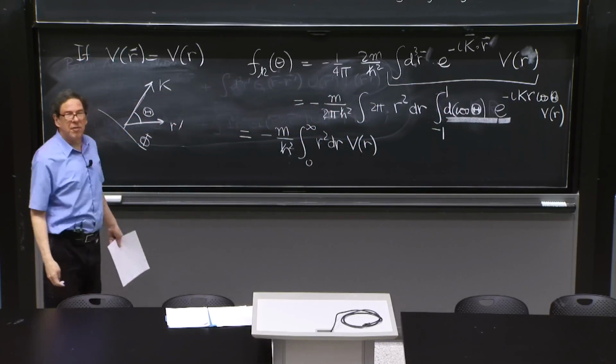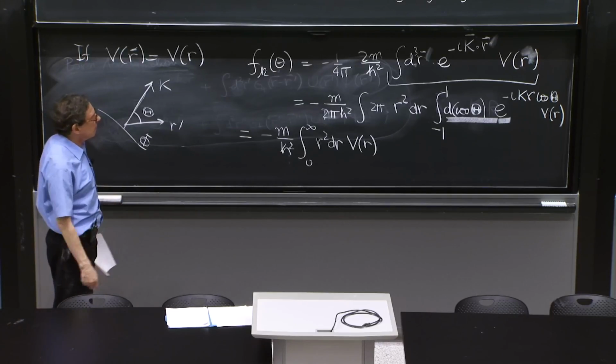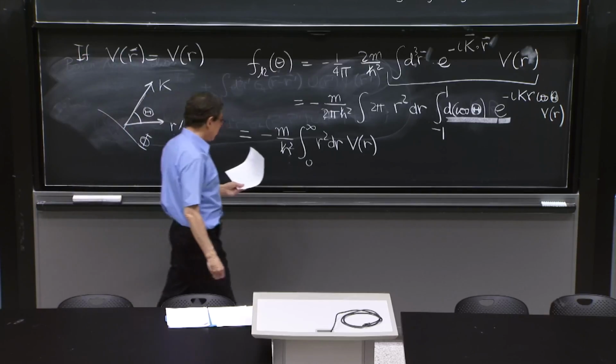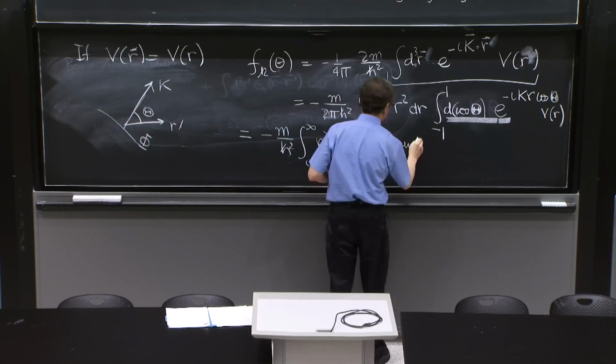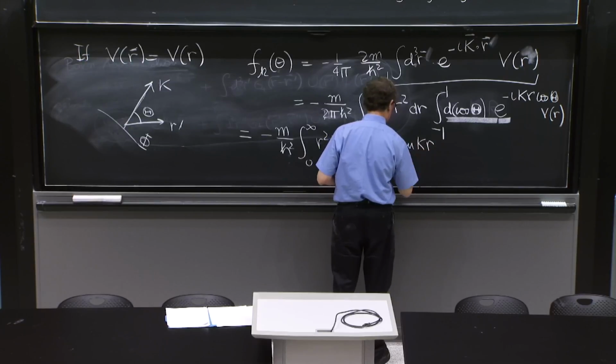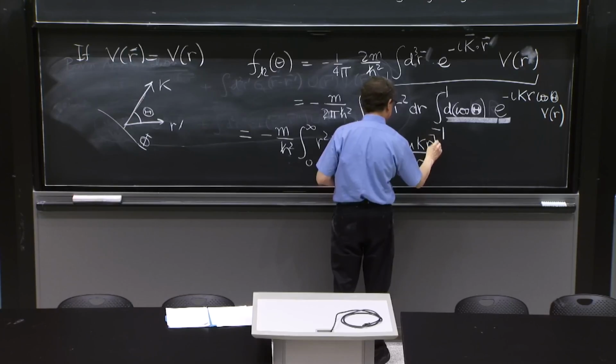You can call cosine theta u and just do the integral. That integral gives you 2 sine of capital Kr over Kr.